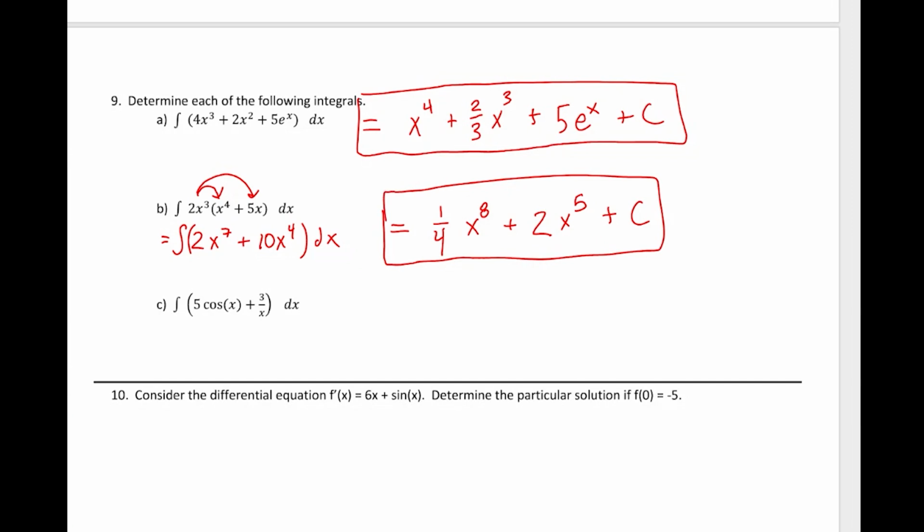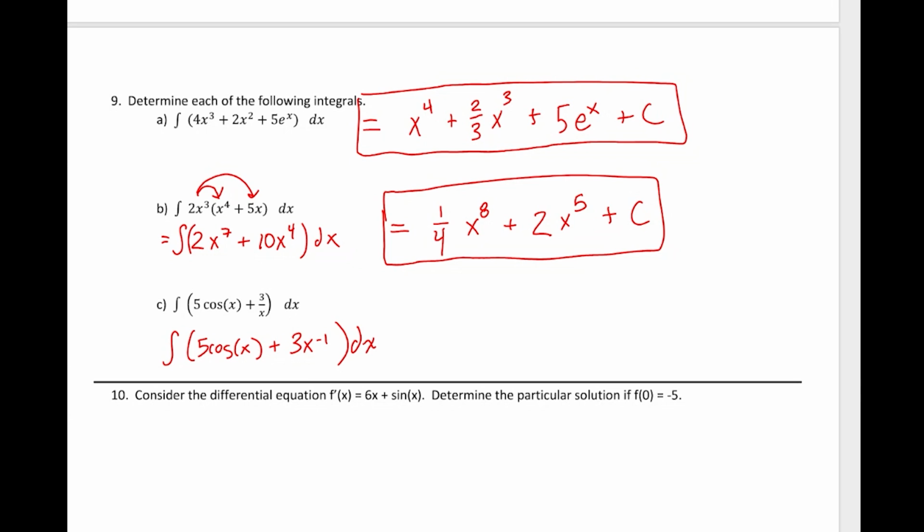For c, we've got the integral of 5 times cosine of x plus 3 over x. I'm going to think of that second term as plus 3x to the negative 1. That's kind of what I'm looking for, that natural log derivative. The derivative of natural log is 1 over x.